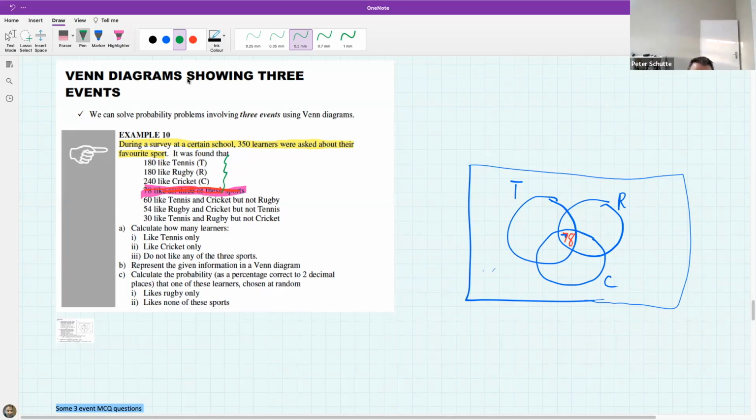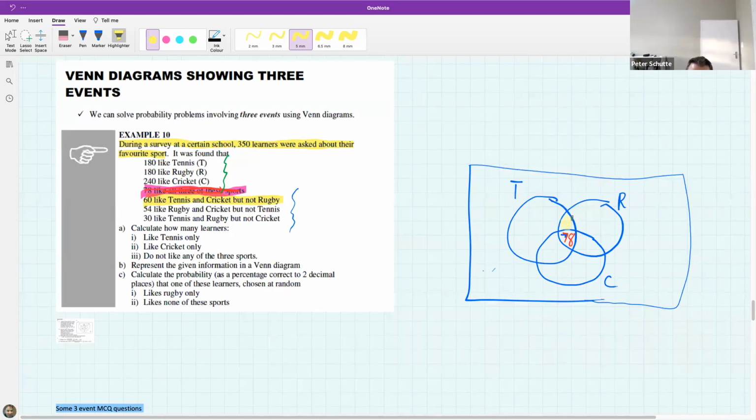So I can't do anything here, but this looks promising. So if 60 like tennis and cricket, but not rugby, where would that be? 60 like tennis and rugby, but not cricket.